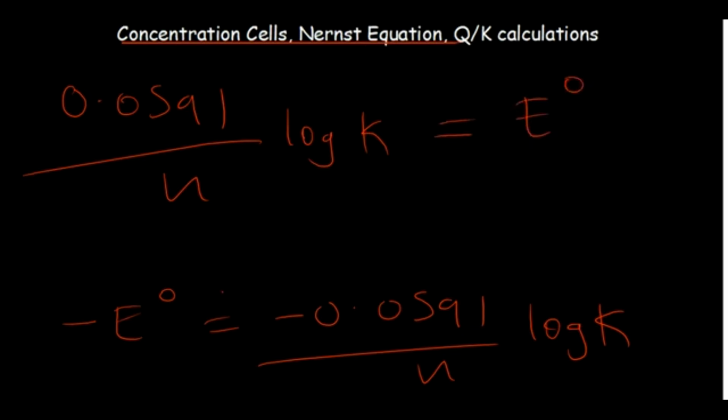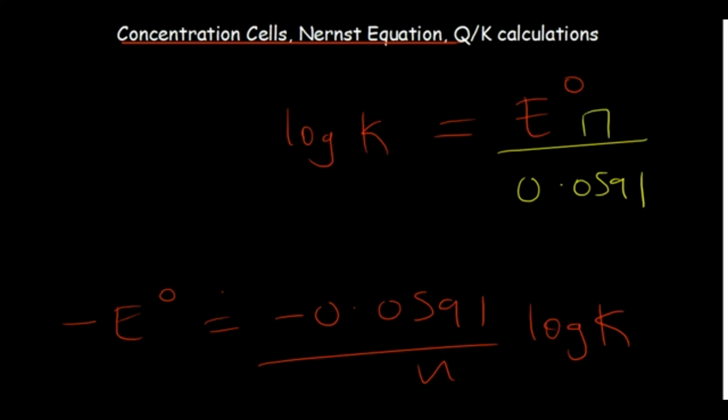You notice that whatever is on top is supposed to be on the bottom on the other side. And then N will be on top, so I've just multiplied by the reciprocal there. I've divided, and that's what we have. So this is now the form of equation that will help you find K in a case where you're given the standard cell potential and the number of electrons, determined from a given reaction.